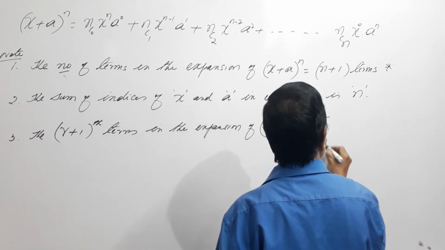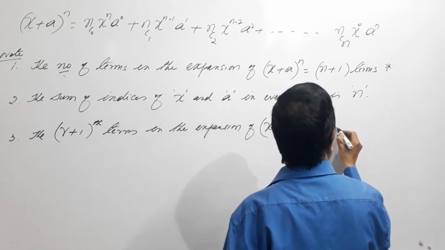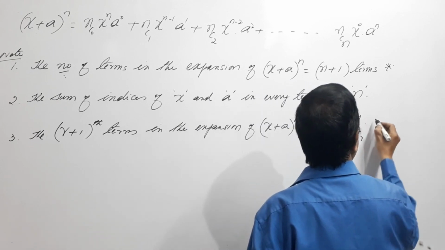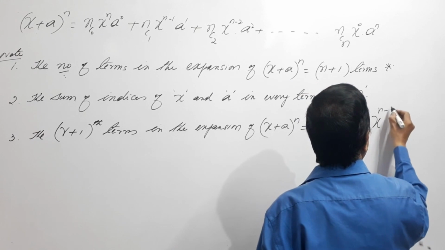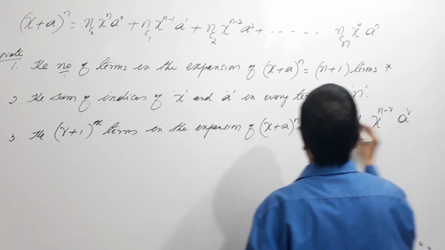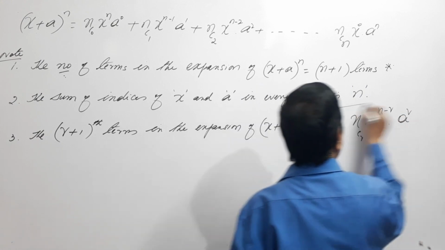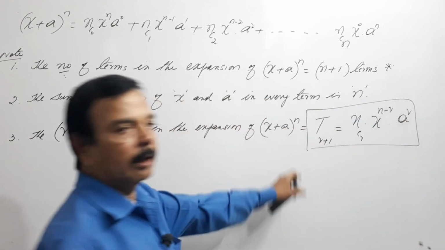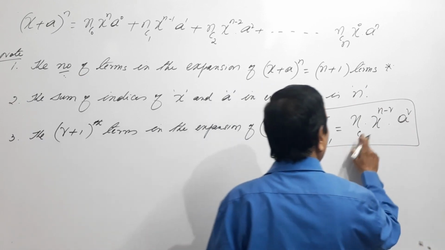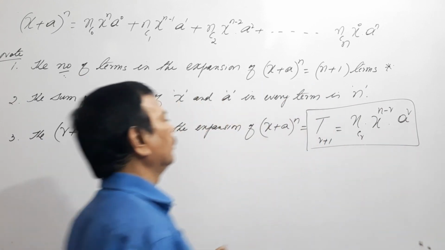T(r+1), right, equals nCr x^(n-r) a^r. This is a formula to find the middle term. So remember this middle term.